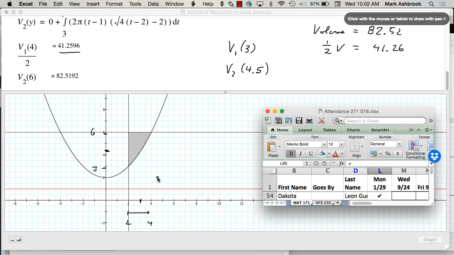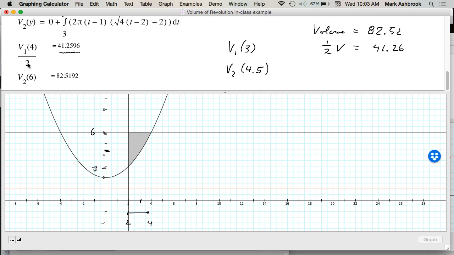So let's try it. I've written down what the volume was and half the volume because I kind of stuck here. So what did we want? We wanted V1 of 3. I can't get there.